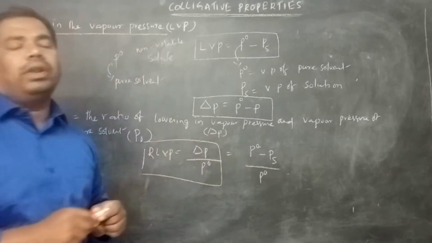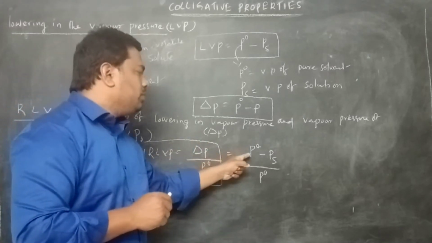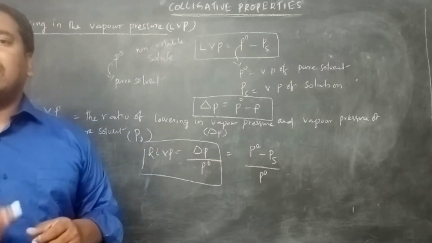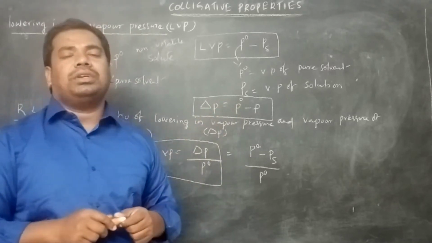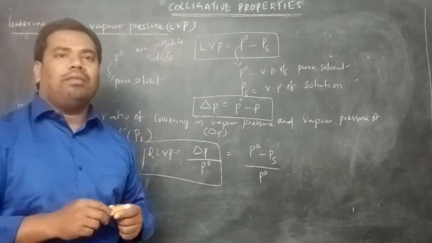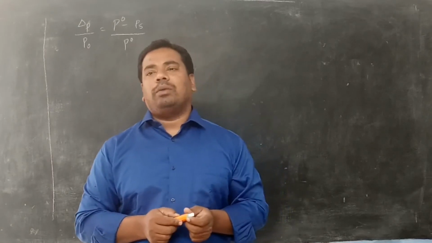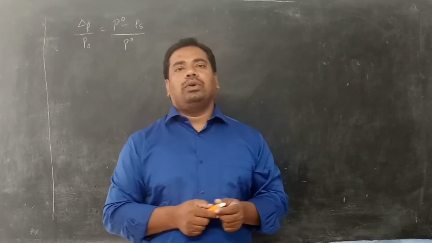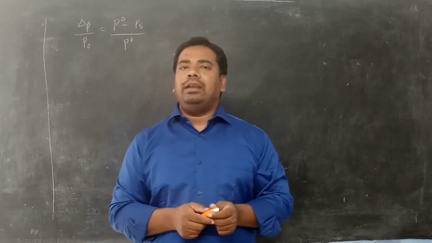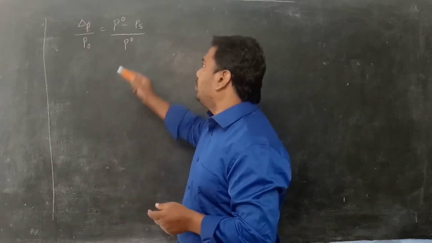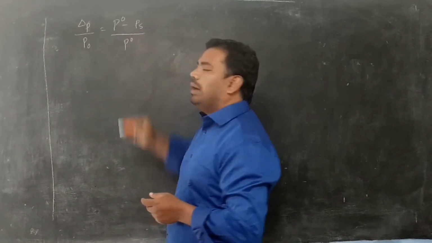So relative lowering in vapor pressure means the ratio of lowering in vapor pressure and vapor pressure of the pure solvent, that is P naught minus Ps by P naught.